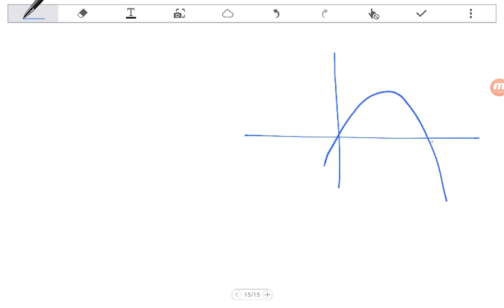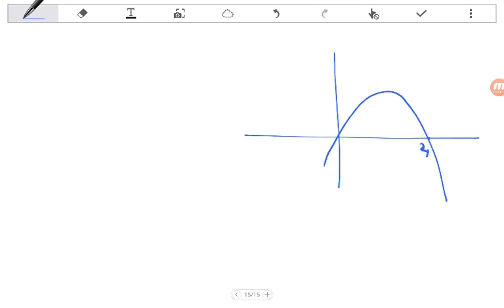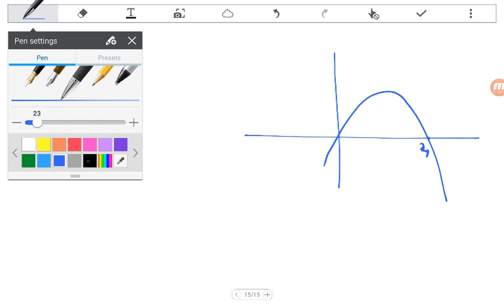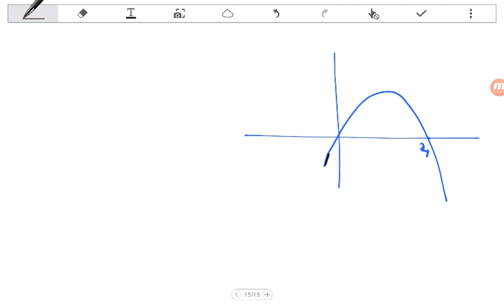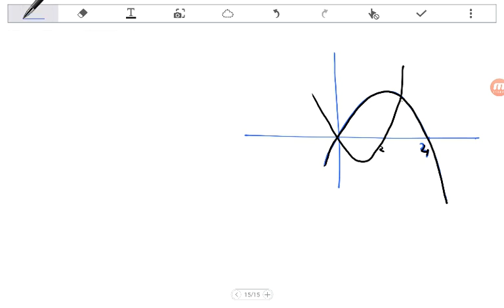I first had this curve at 4, and the other one was at 2, and it was like this, and the point of intersection was at 3.